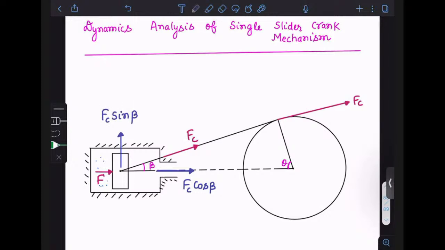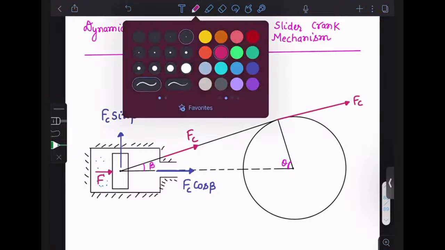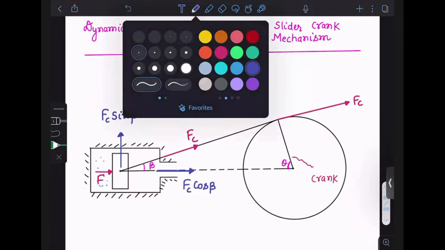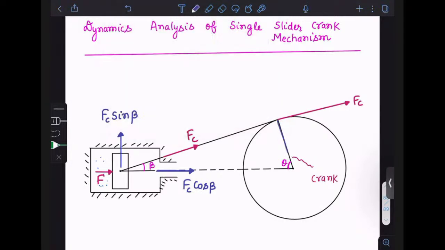Now, since you know this is your crank, my dear. The crank actually represents the radius. So there will be one force radially in this direction, that is called your radial force. Remember that.